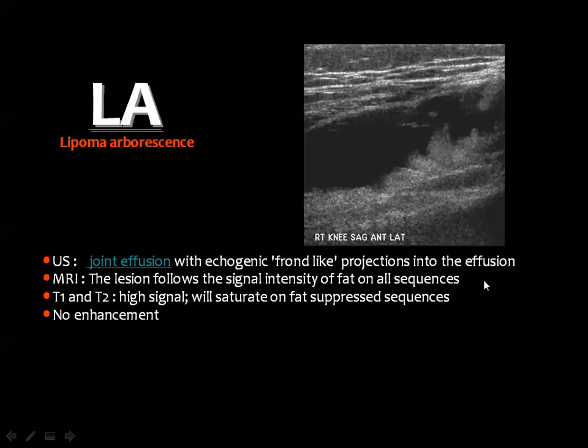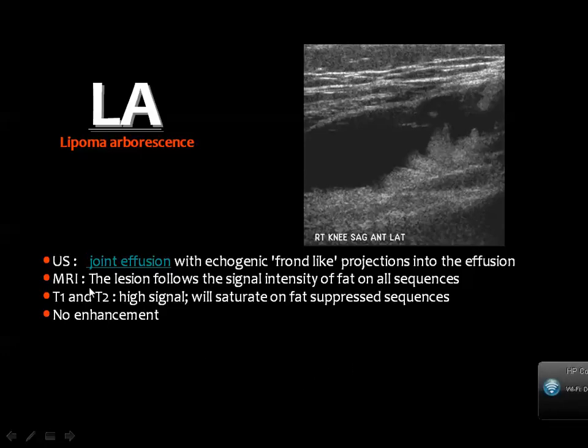And you remember, if the mass is just a soft tissue mass within the joint space made of fat with no projections, this is known as synovial lipoma. If these projections are present, then you call it lipoma arborescens.